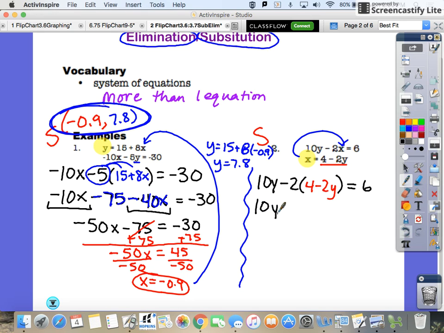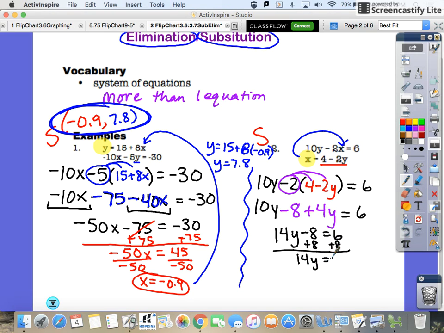So we'll have 10y, distribute that, minus 8 plus 4y equals 6. 10y and 4y is 14y. Minus 8 equals 6. Add 8 to both sides. 14y equals 14. Divide by 14, divide by 14. y equals 1. All right. So that's our y value.